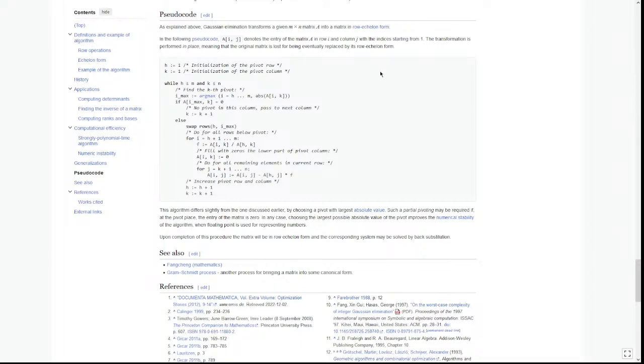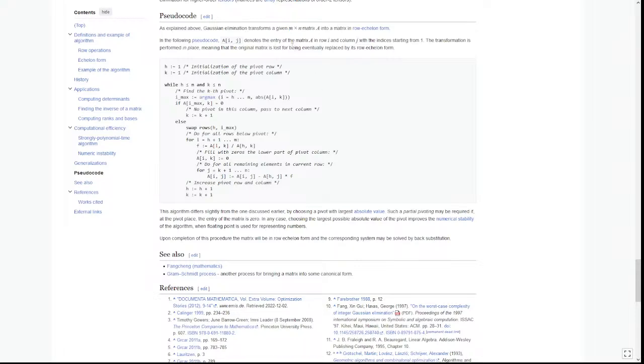Now I understand. So we are given an m by n matrix, to be transformed into a matrix in row echelon form. In the following pseudocode, A_ij denotes the entry of the matrix A in row i and column j, with the indices starting from 1.